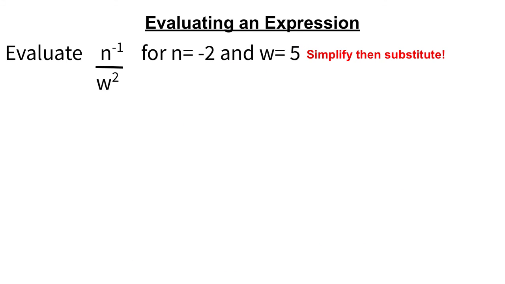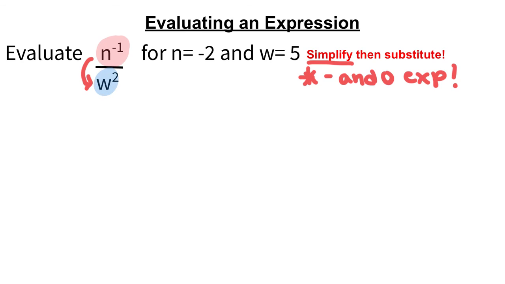In our last example, we're going to first simplify the expression. So again, we're looking for negative and 0 exponents. If I look at the top, I have a negative 1. So this means this whole expression is going to go to the bottom. So it becomes, and I already have in existence this n and this w at the bottom.